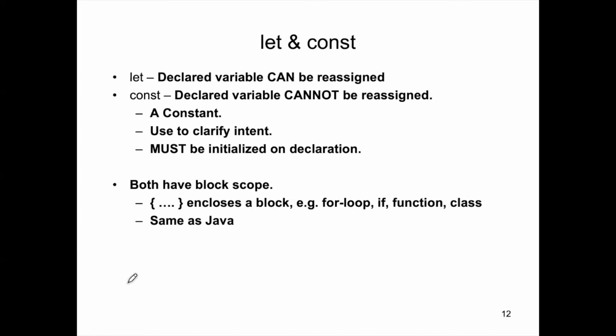Now, I talked a little bit there about let and const, and let's just reinforce it. So let is for declaring variables that can be reassigned. Const is for declaring variables that cannot be reassigned. So that makes sense. I suppose we understand what's being said there. Const is obviously short for constant, and constant is something that doesn't change.